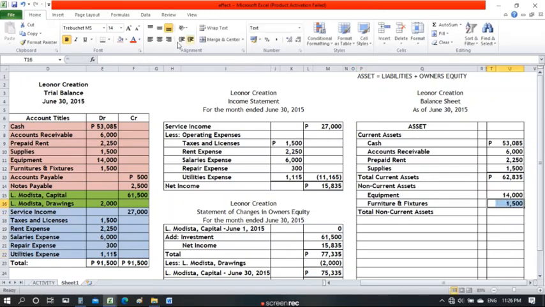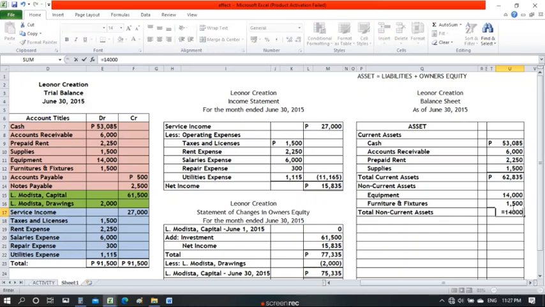So again, don't forget the line, and then let's add. So 14,000 plus 1,500. Total current and total non-current.